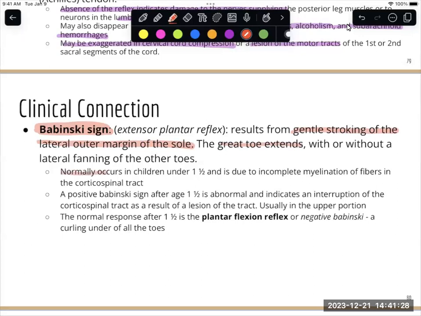This is normal in anybody under 1.5 years old, under that 18 months. Why? Because their nerves are not fully myelinated yet. If you see this in anybody over the age of 1.5 or 18 months, this means there is some sort of damage to that corticospinal tract.